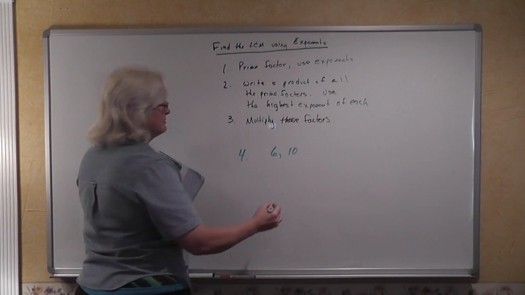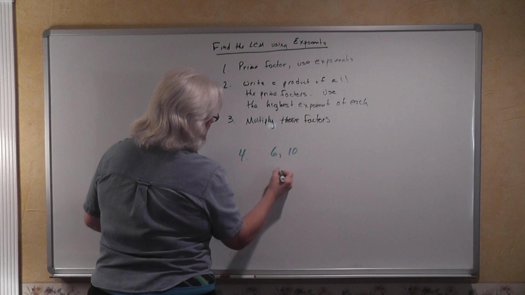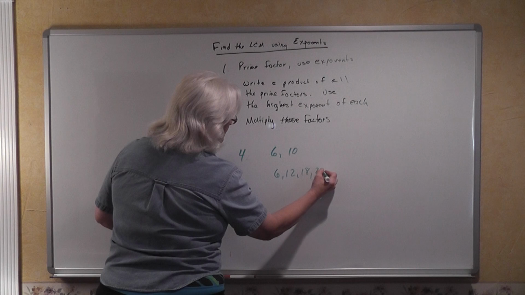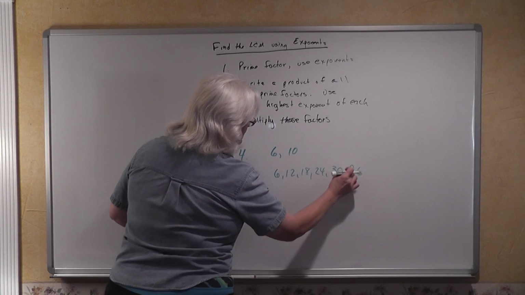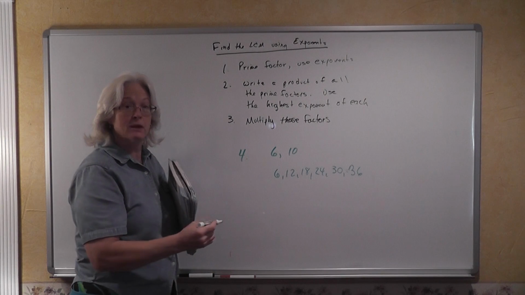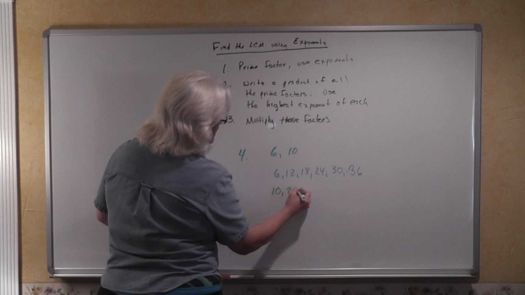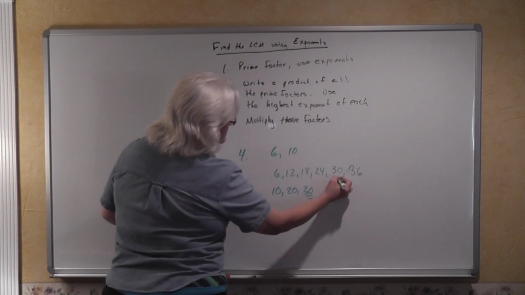When they say list the multiples to find the LCM of each pair, the least common multiple here is going to be 30, but they want you to list the multiples of 6. 6, 12, 18, 24, 30, 36. You don't even need to show that 36 because you know that your multiples of 10 are going to be 10, 20, 30.